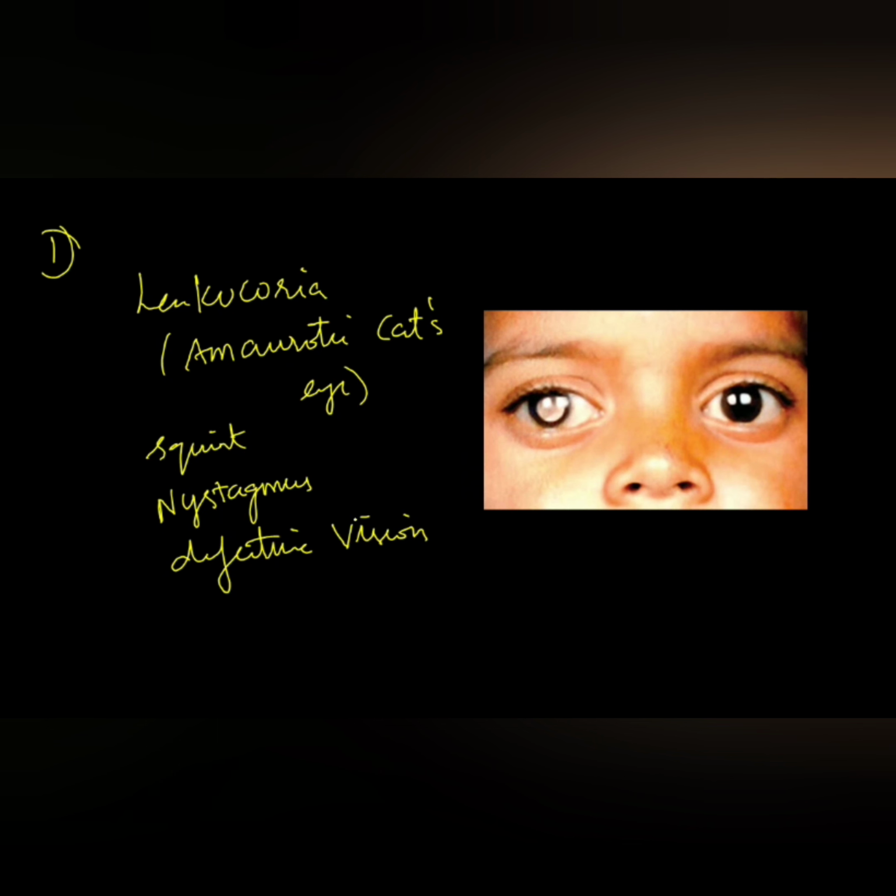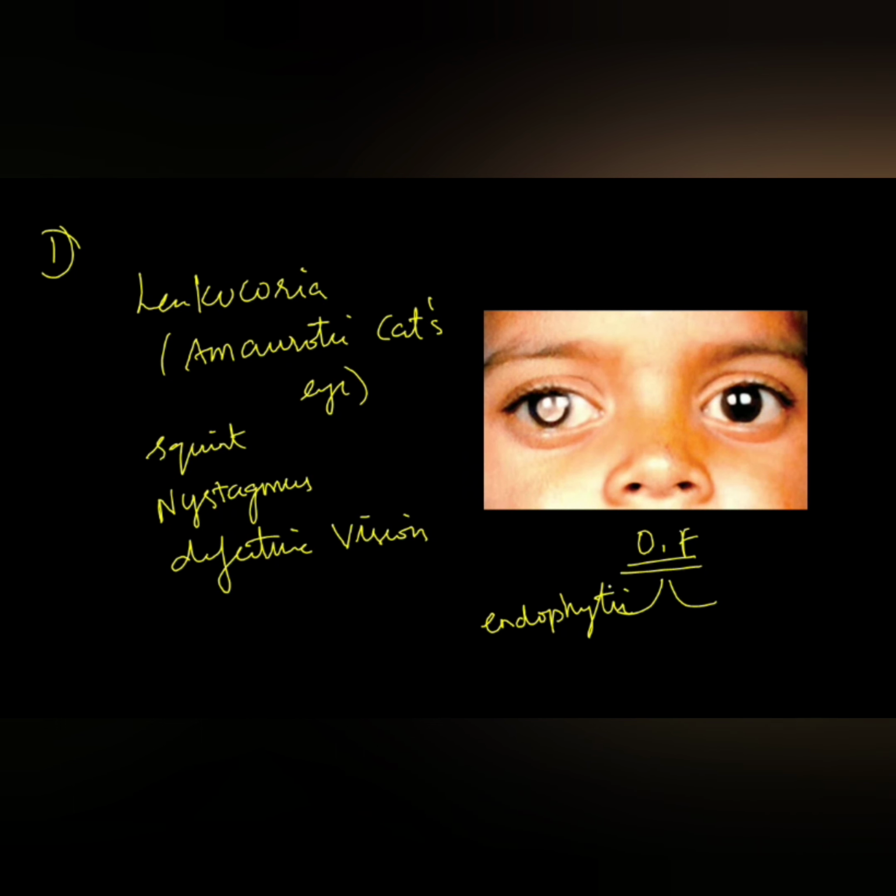Now when we talk about the ophthalmoscopic findings, they will tell you whether the tumor is endophytic or exophytic. We have already seen that endophytic means it grows into the vitreous, and exophytic means it grows in such a way that it separates the retina from the choroid.